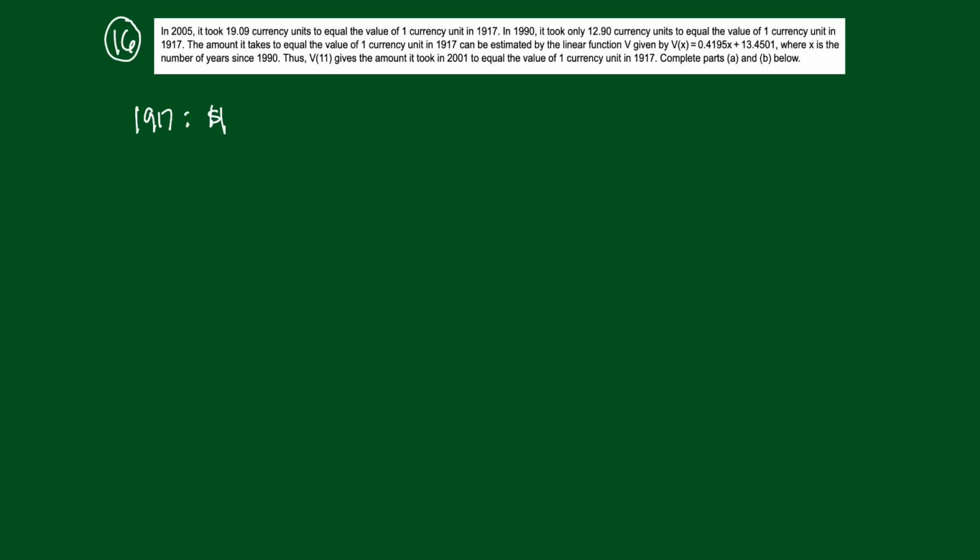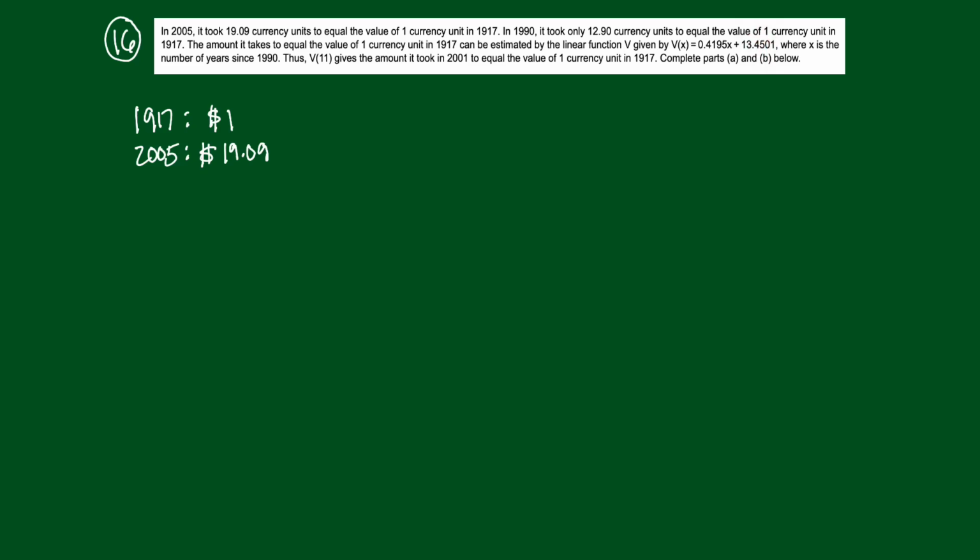Okay, so you had $1. Now, in 2005, to buy something for $1, it took $19.09. Then in 1990, it took only $12.90 to equal the value of $1.